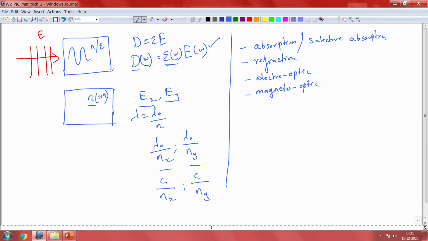So, any change in the magnetic field could change the optical field here, and then acousto-optic. You could also see polarization effect, and you can also see nonlinear effect.